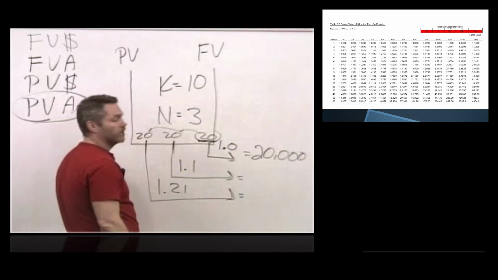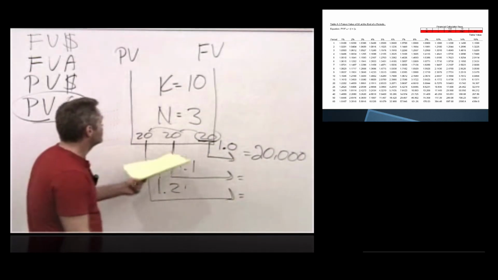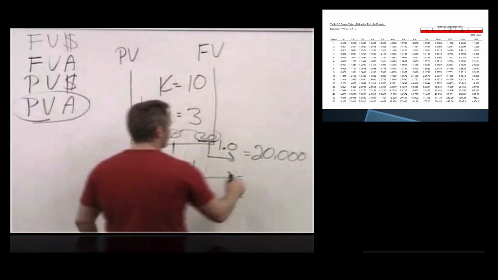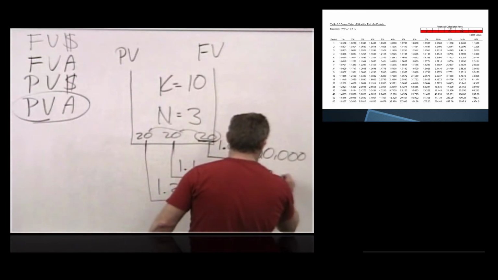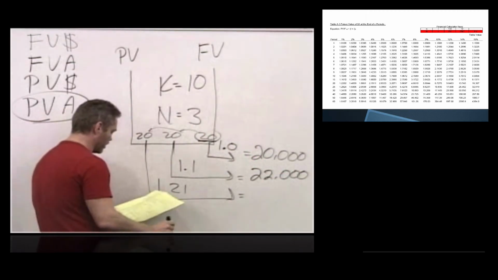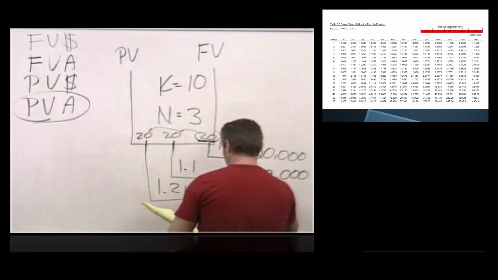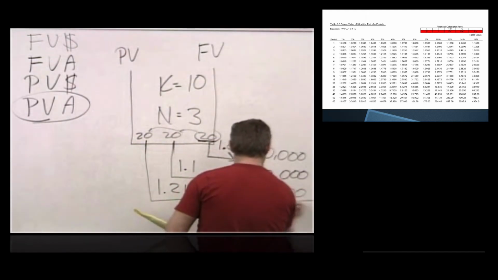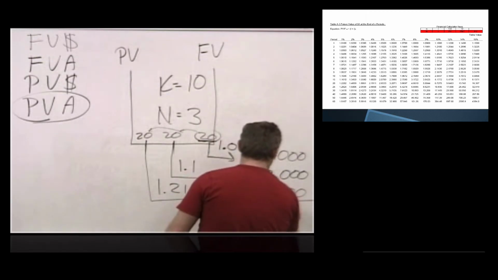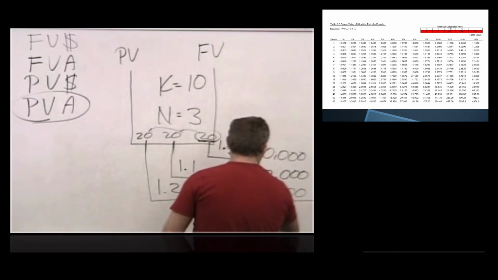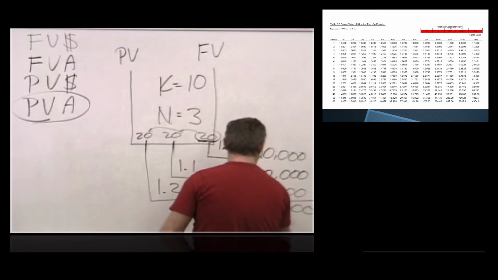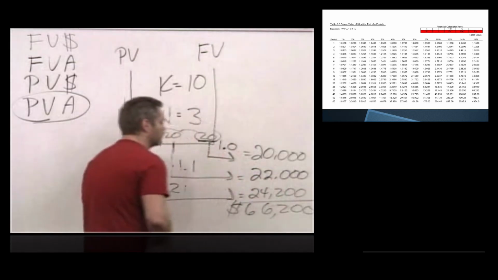Hopefully you don't need your calculator for that one either. Right, because 10% of 20,000 is 2,000 plus 20,000. That's 22,000. And the last one, 20,000 times 1.21, gets us 24,200. We add those together, right? We end up with $66,200.